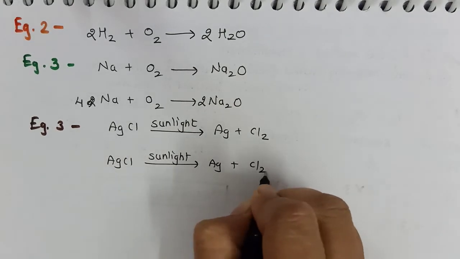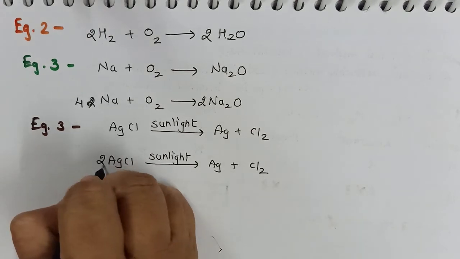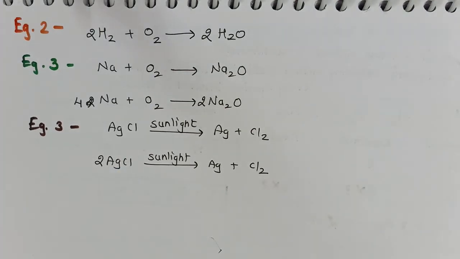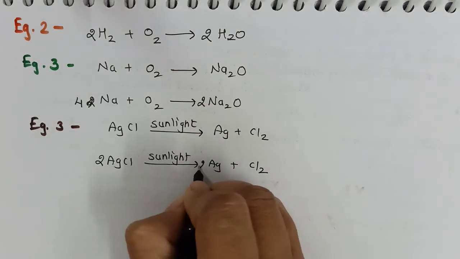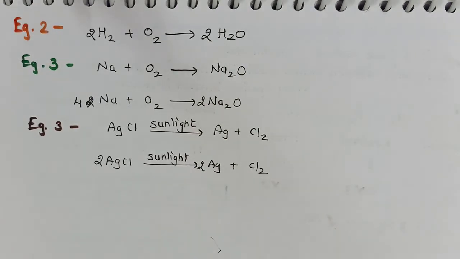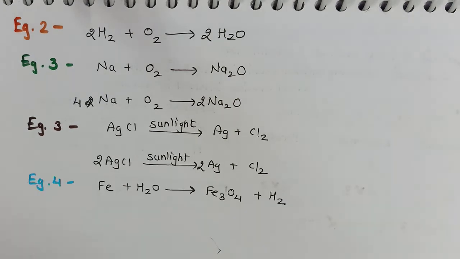As we can see in the reaction there are 2 atoms of chlorine on the product side, therefore I will multiply it by 2 on the reactant side. In this case the silver, its number has changed and therefore I will multiply by 2 on the product side, thus giving me the perfect balanced chemical equation 2AgCl giving 2Ag plus chlorine.